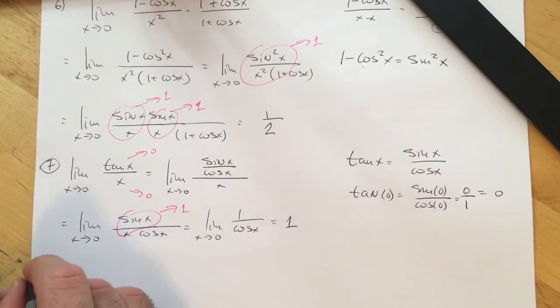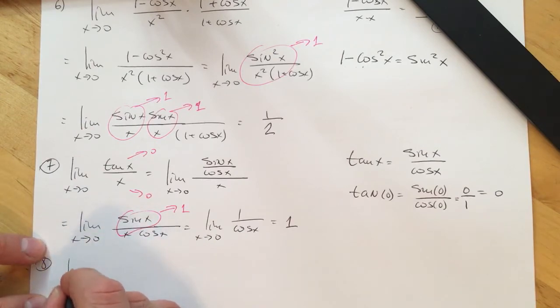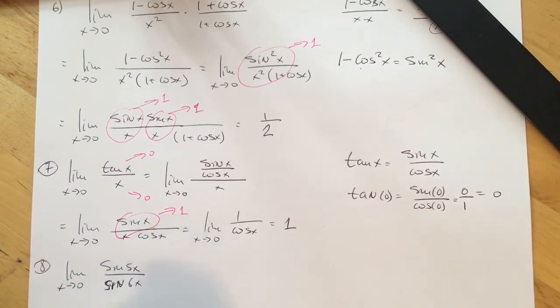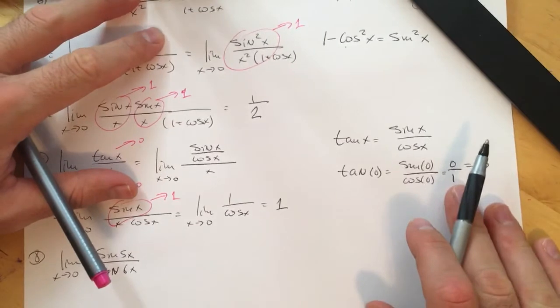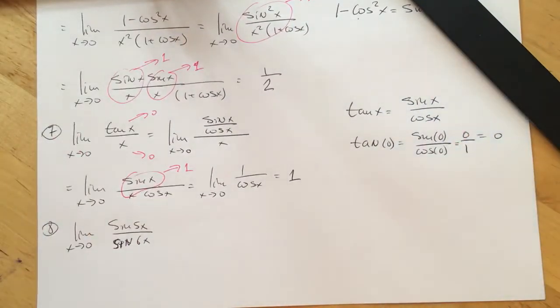Okay, and let's say that we have the limit as x goes to 0 of sine of 5x over sine of 6x. A very common mistake here is to cancel the sines somehow, and because that's impossible, I'm not even going to guess how some students think that it can be cancelled.